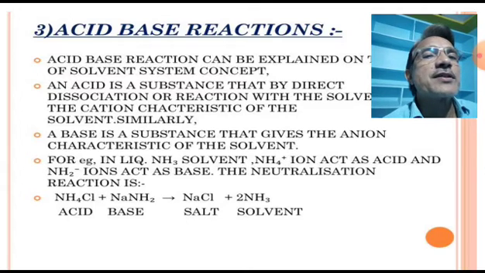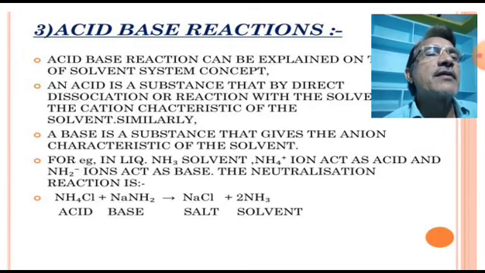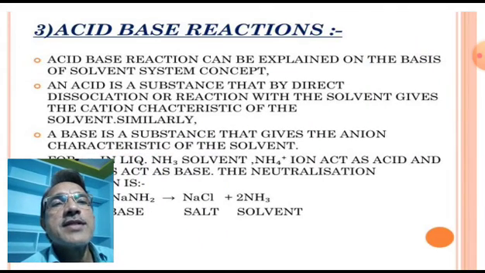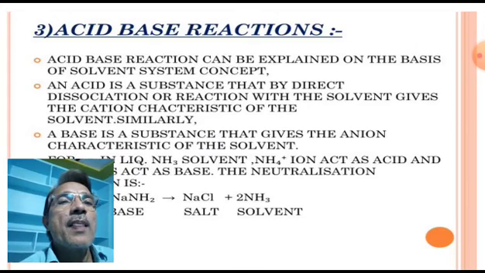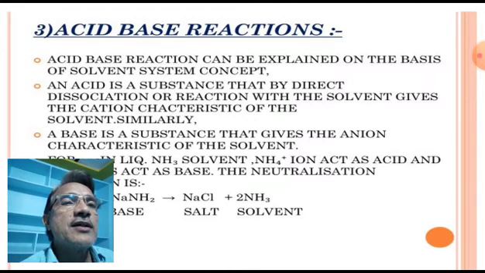Acid-base reactions. Acid-base reactions can be explained on the basis of solvent system concept. Generally, when an acid reacts with a base to form salt in water, it is called a neutralization reaction.